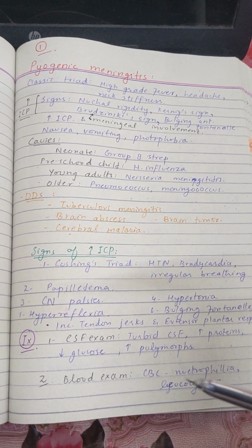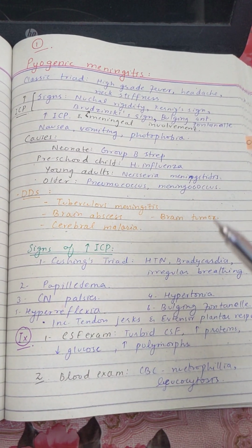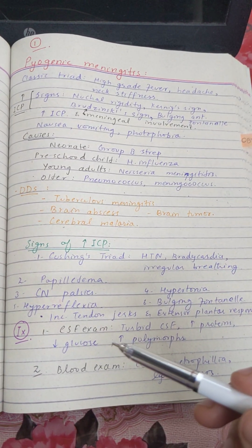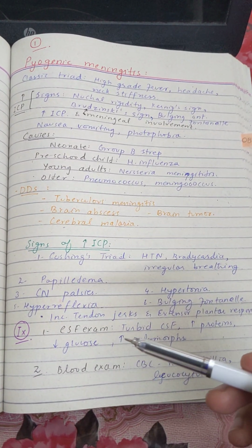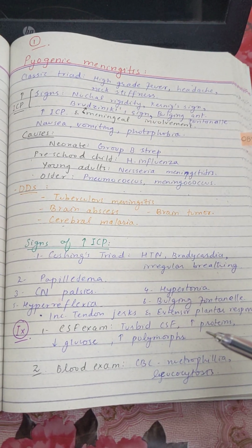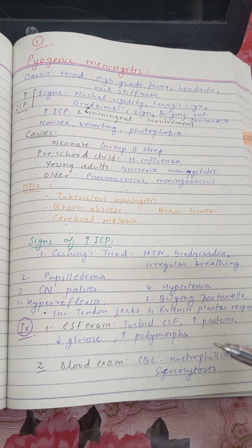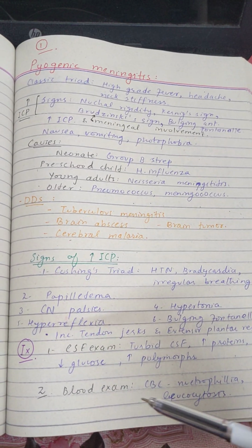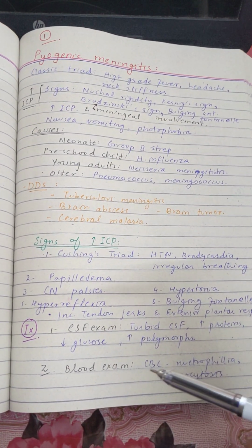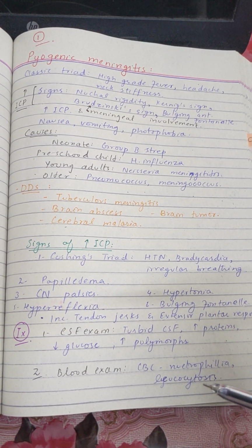Now, what will be the important investigations in a child with pyogenic meningitis? These include CSF analysis, which will show turbid CSF with increased protein content, decreased glucose, and increased polymorphonuclear cells. Blood examination with CBC will show neutrophilia or leukocytosis.